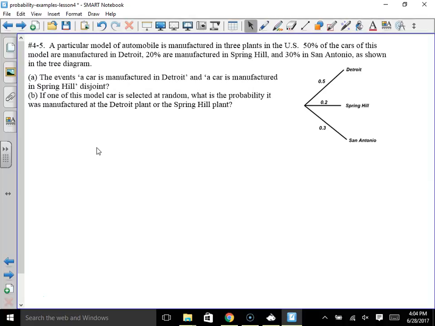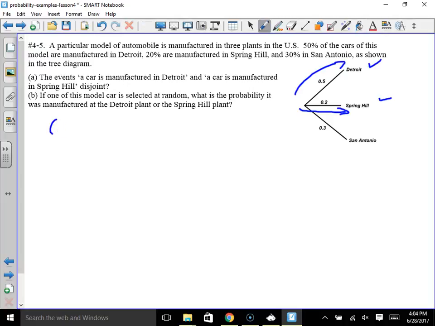Well, let's see. Is there any way that you can have a car that's manufactured in Detroit and also manufactured in Spring Hill? Presumably, the entire car is manufactured in one spot. So if you go down this path, that's completely different from going down this path. So these two situations, anything that's an end node on a tree diagram, are automatically disjoint.